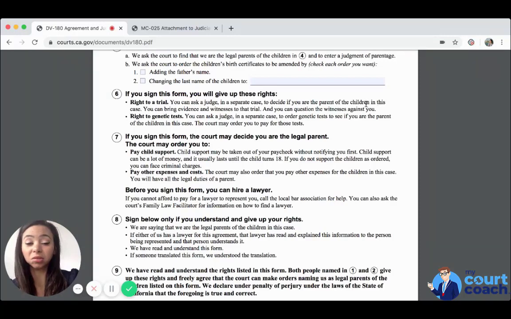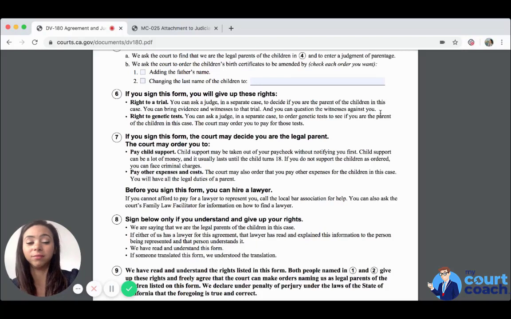And you can actually get the DNA test prior to signing this agreement. So you can tell the other parent, the mom, hey, I want a genetic test of some sort. I want a DNA test. I'm going to pay for it because I just want to make sure that I am the father of this child. And oftentimes the other parent gets offended, like, how dare you think that you're not the father of this child?